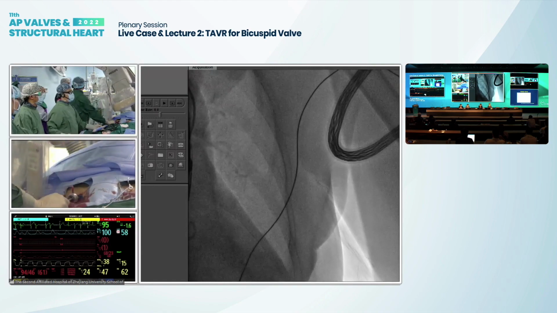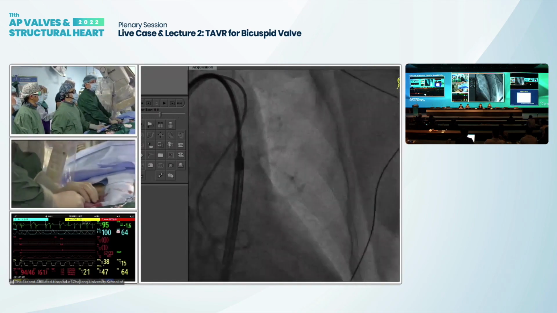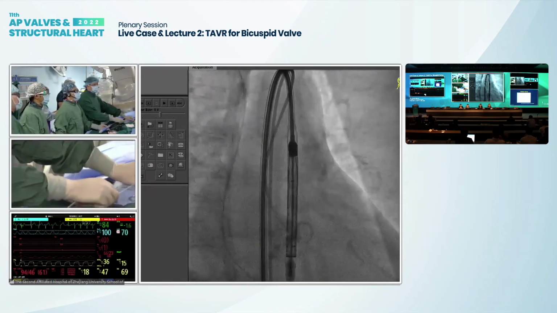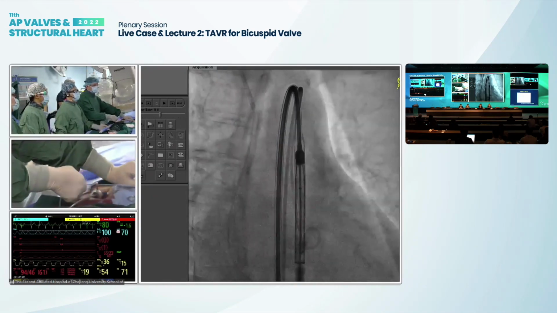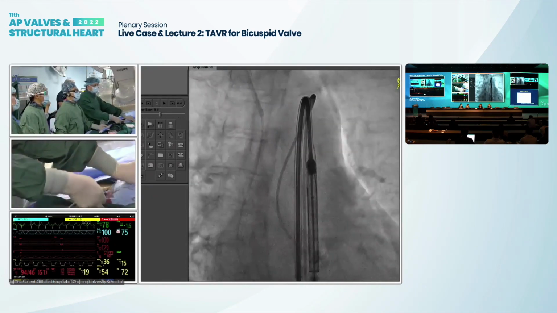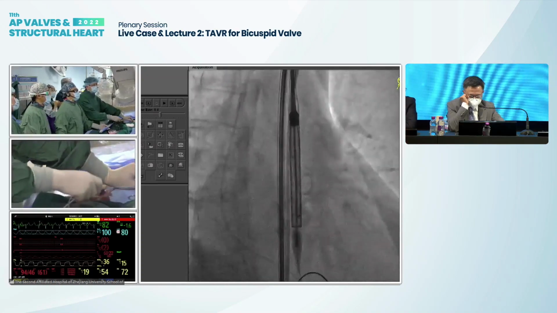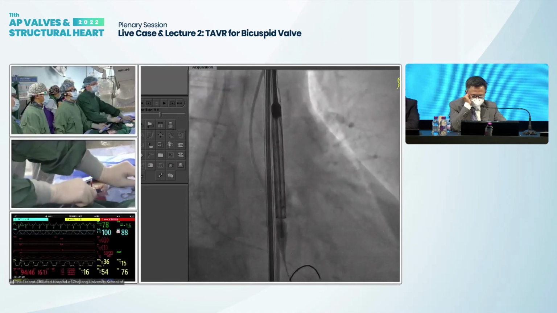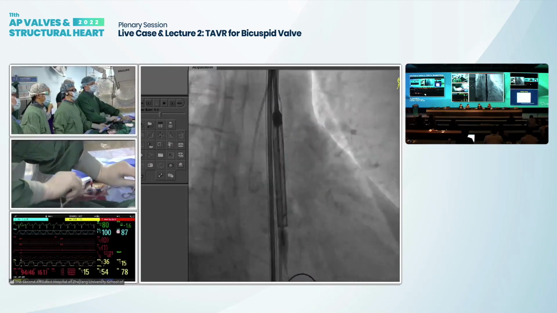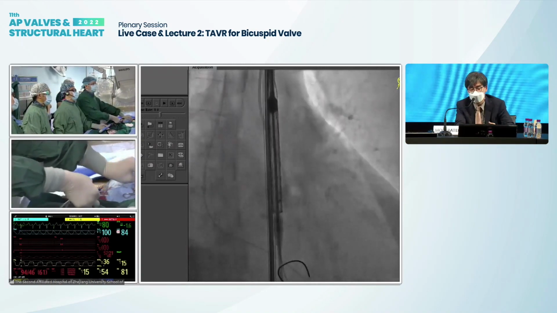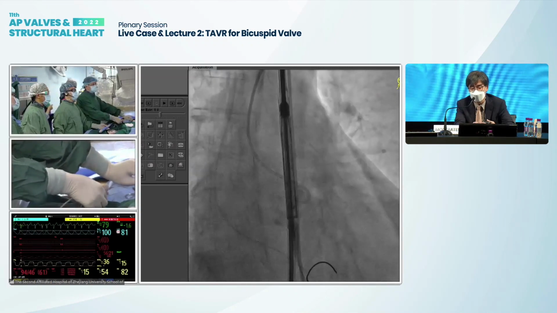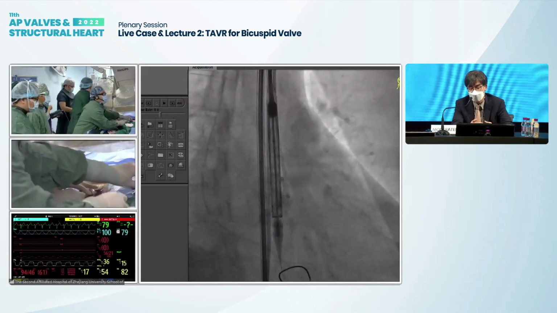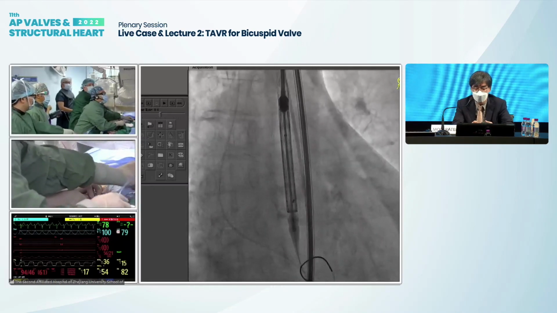So you need it in the non-coronary cusp as well, right? Very hard to manage. Personally, I think this is not a good view for the procedure. The reason is that the valve overlaps the other cusp, so we need a more separated, clear target view.